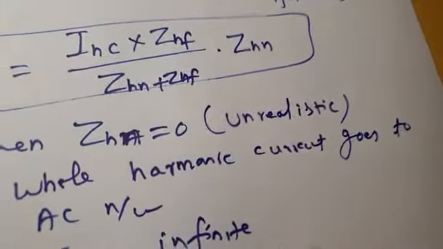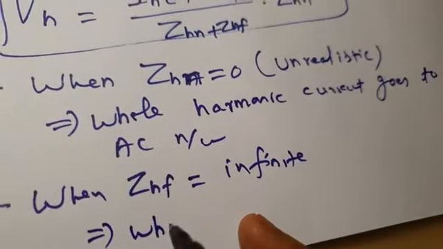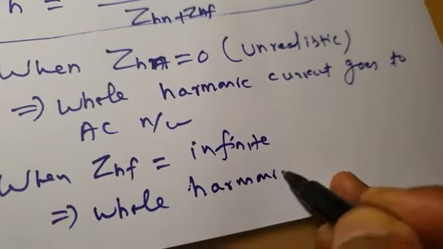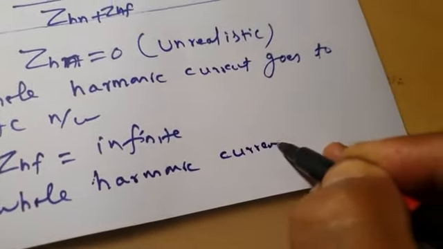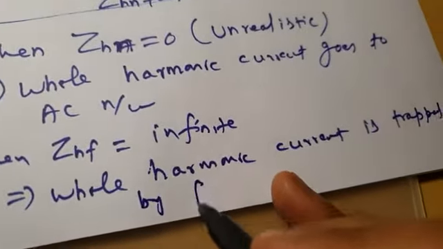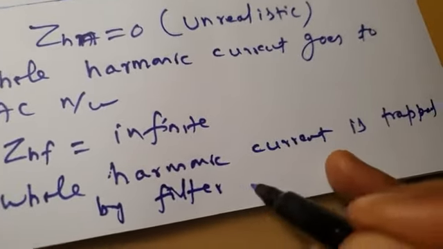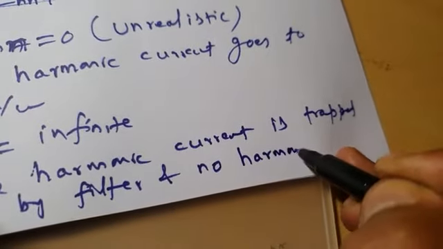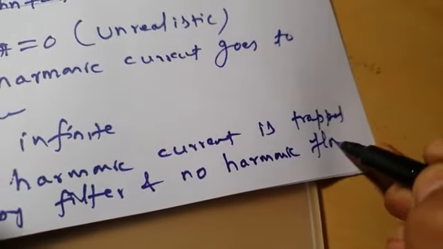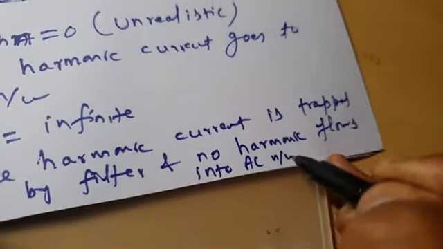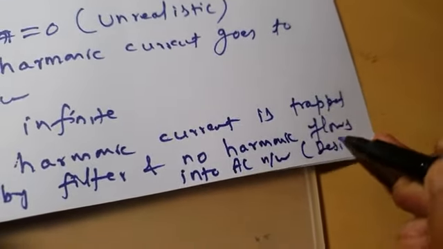So in that case, the whole harmonic current is trapped by the filter, and no harmonic flows into the AC network. This is a desirable thing. We want this thing to happen.